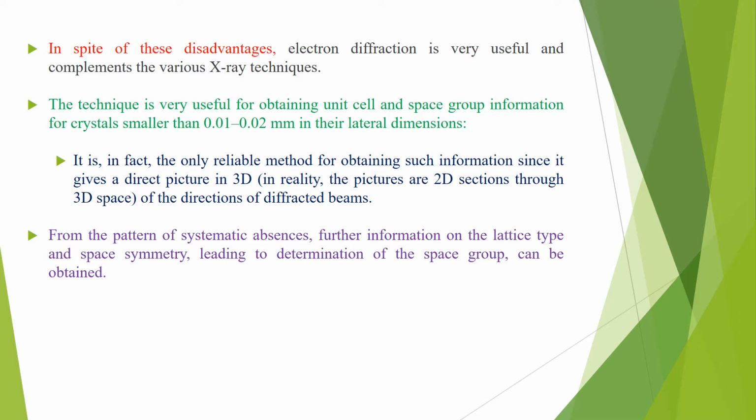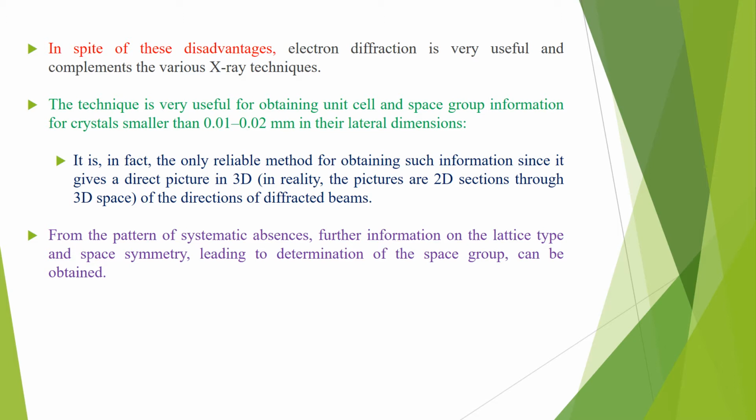This technique is very useful for obtaining unit cell and space group information for crystals smaller than 0.1 to 0.2 millimeter in their lateral dimension. It is in fact the only reliable method for obtaining such information, since it gives a direct picture in 3D.